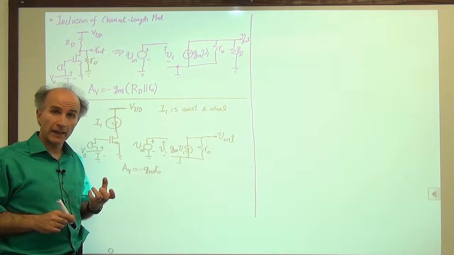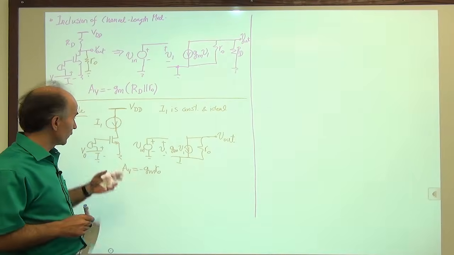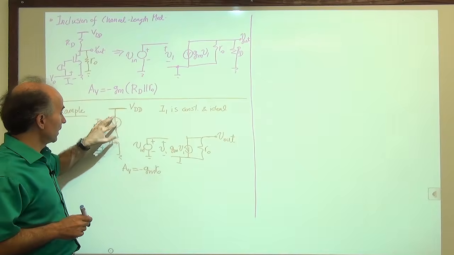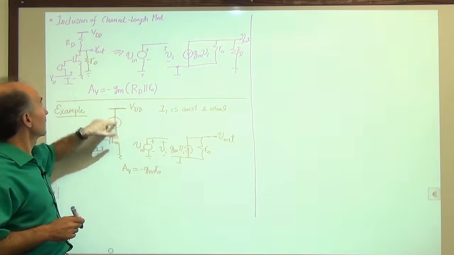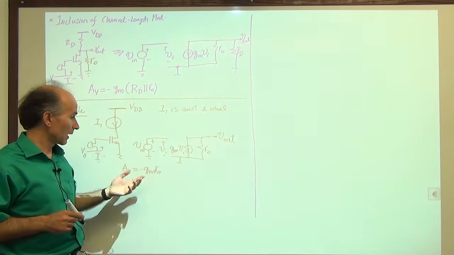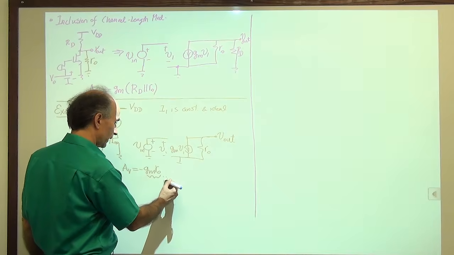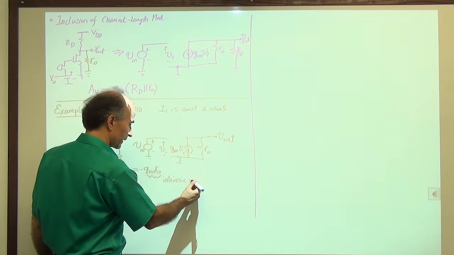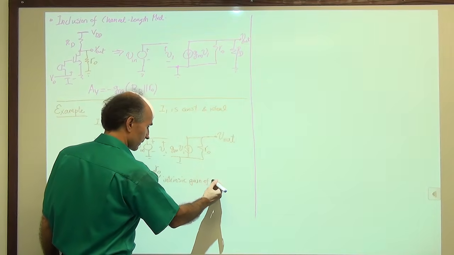GMRO has a particular significance because it's related to the transistor itself, not what's around it, right? You see, this gain is now given by this transistor. We don't have anything outside, any resistor or anything. So this has a name. We call GMRO the intrinsic gain of the MOS device.